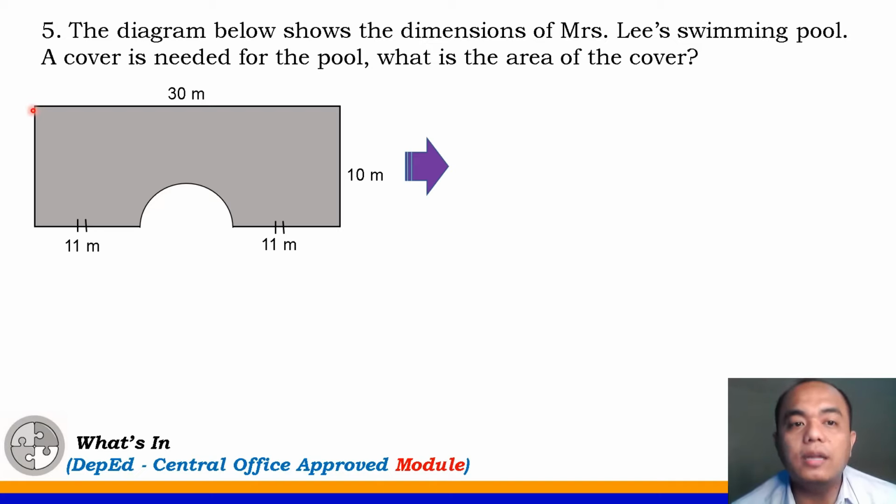Now, kung dito naman, from this point to this point is 30 meters, paano natin makukuha yung dimension ng ating circle here? Yes, yung 30 class, isasubtract natin ng 11 at saka ng 11. Or, pwede namang i-add natin ito, 11 plus 11 becomes 22. Ima-minus natin sa 30. So, 30 minus 22 will give you 8. And yung nawawalang linya dito, class, measures 8 meters.